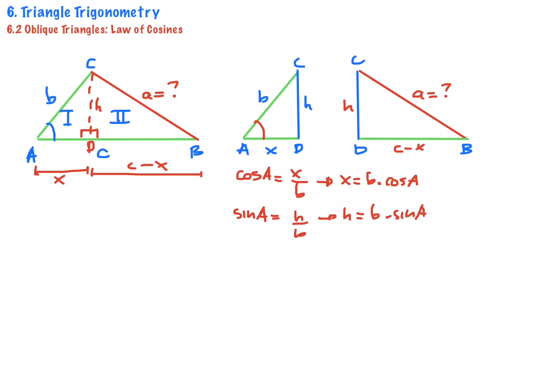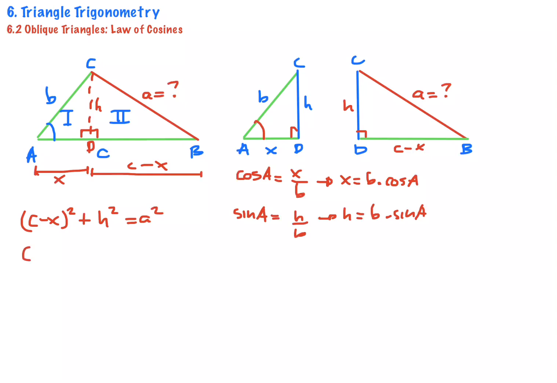For the second triangle, we know that this is a right triangle, so that's why we can use sine and cosine over here. For the second triangle, let's use the Pythagorean formula. So we'll have DB squared added with DC squared equal to BC squared, or (C minus X) squared added with H squared equal to A squared.